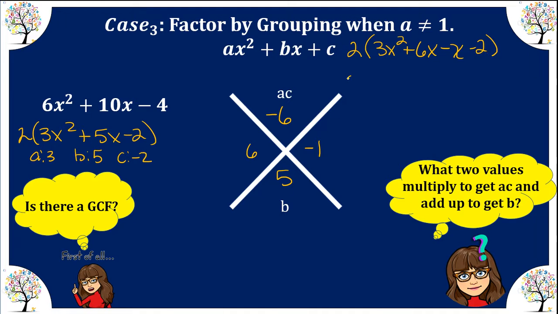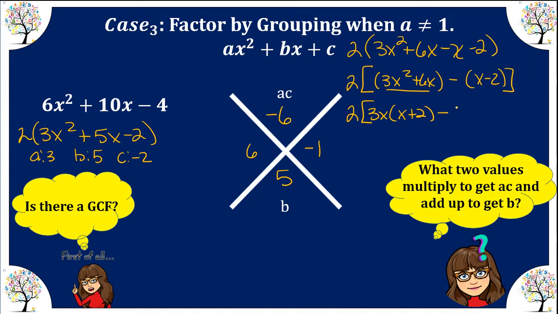We're going to group the first two terms and the last two terms. We're going to factor out the GCF of each binomial. And then this one is going to be 1, negative 1.